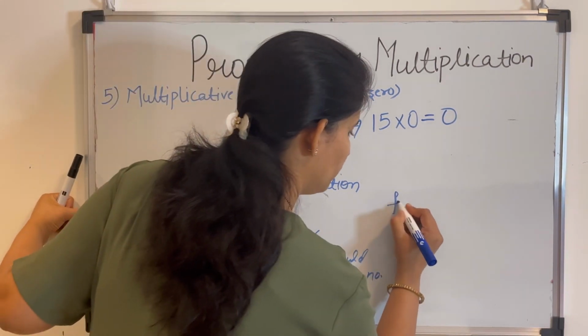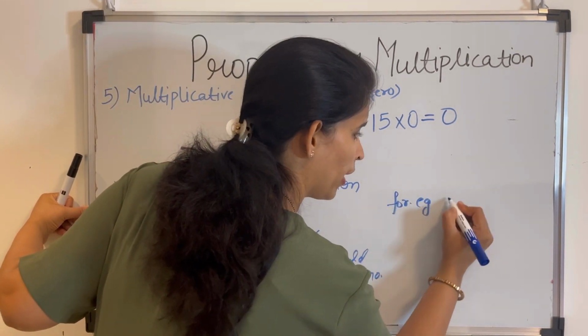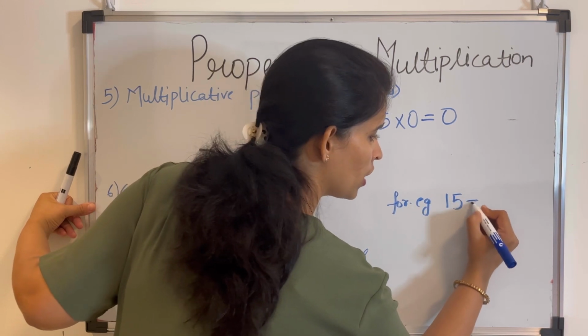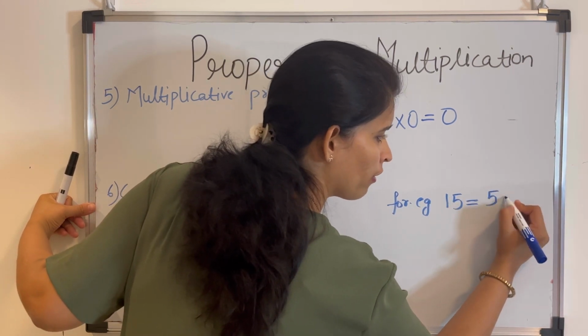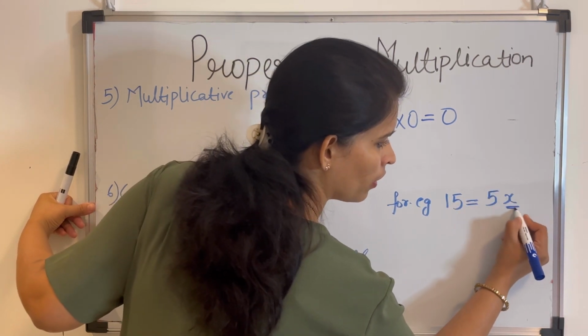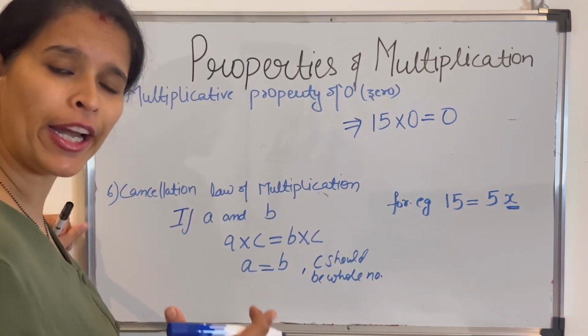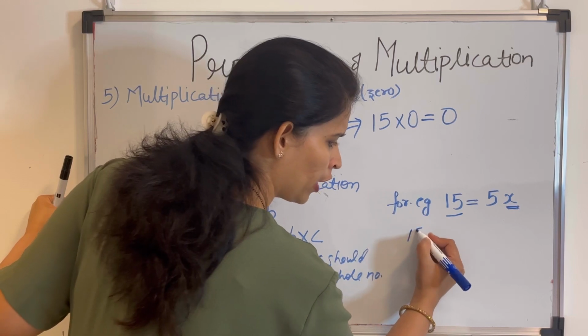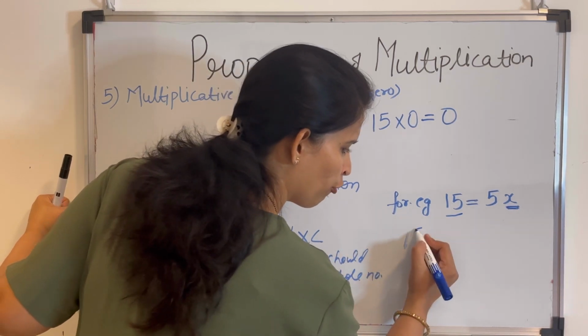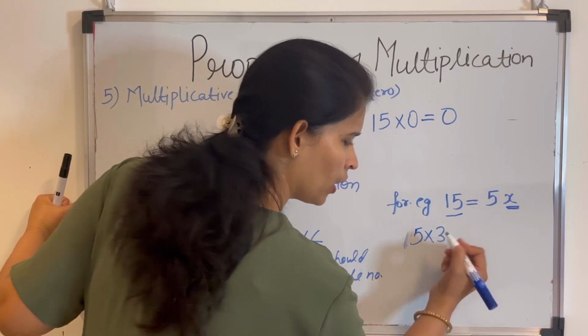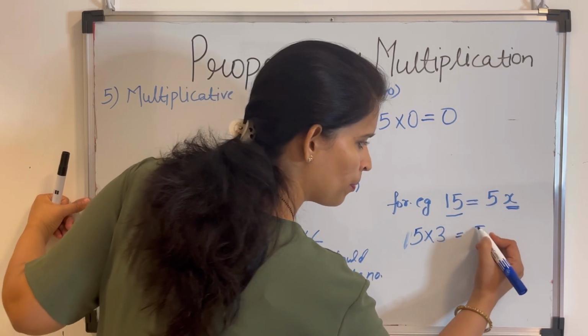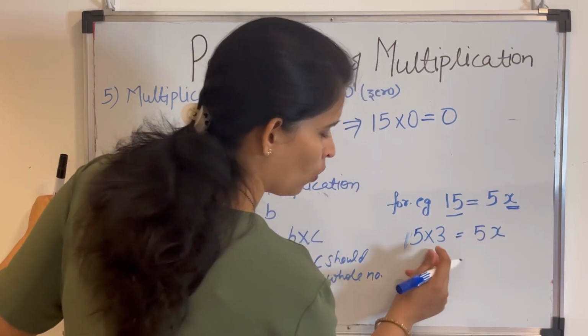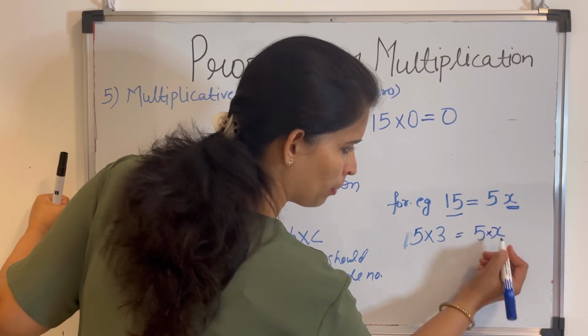For example, if I have 15 is equal to 5x, where x is unknown, I have to find what x is. Can I write 15 is equal to 5 multiplied by 3, and this should be the same as 5x? Now what is the common thing here? 5 multiplied by x.